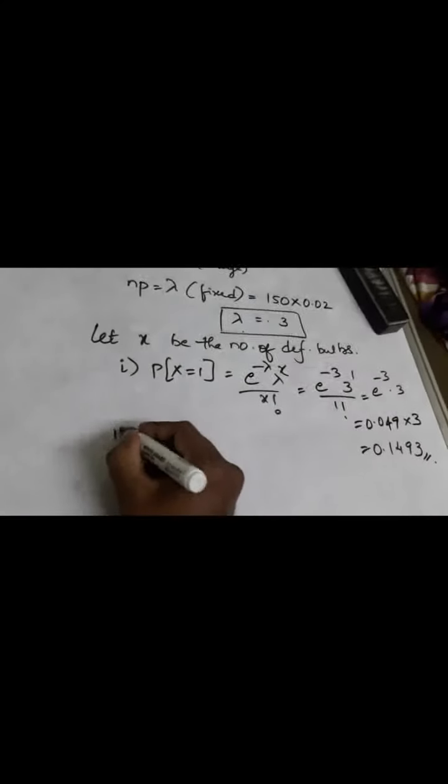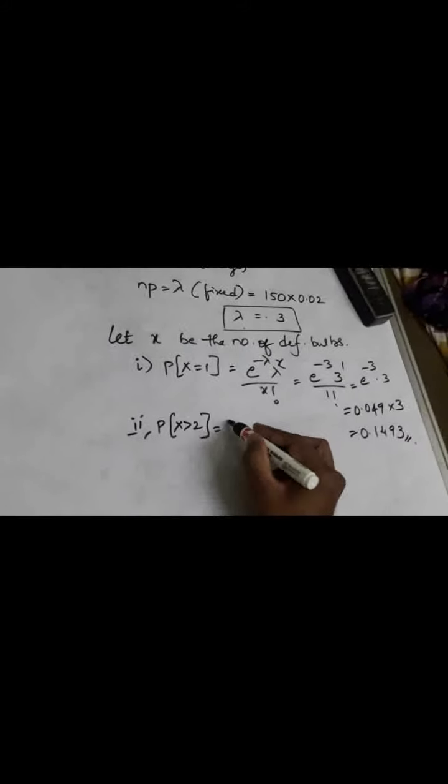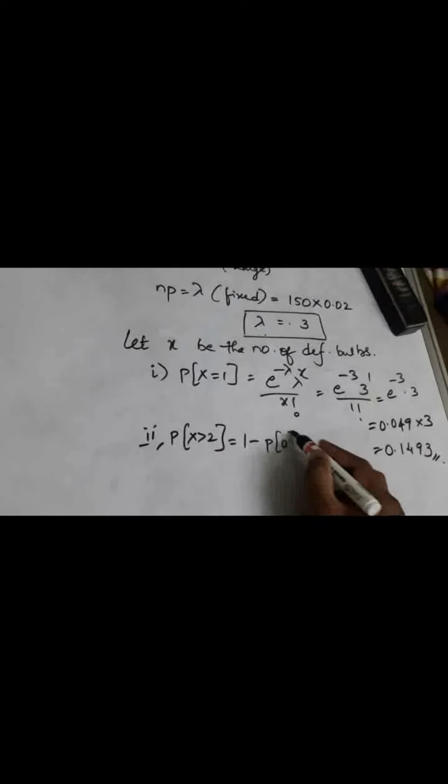Now the second question, what did they ask? P of x greater than 2. This can be converted to 1 minus of P of 0 plus P of 1 plus P of 2.